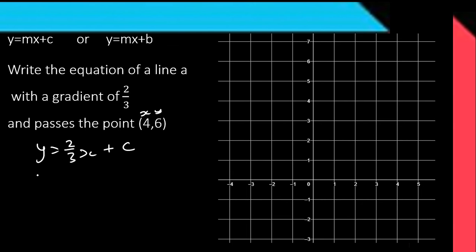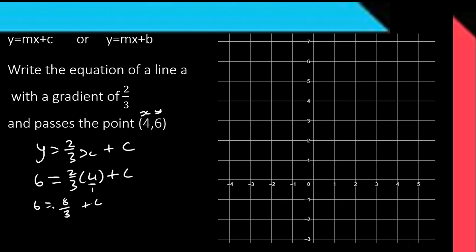If I put that in, I'm going to have 6 equals 2 over 3 times 4 plus c. When you're multiplying fractions, I like to put the whole number over 1. So 6 equals 2 times 4 is 8, and 1 times 3 is 3, plus c.